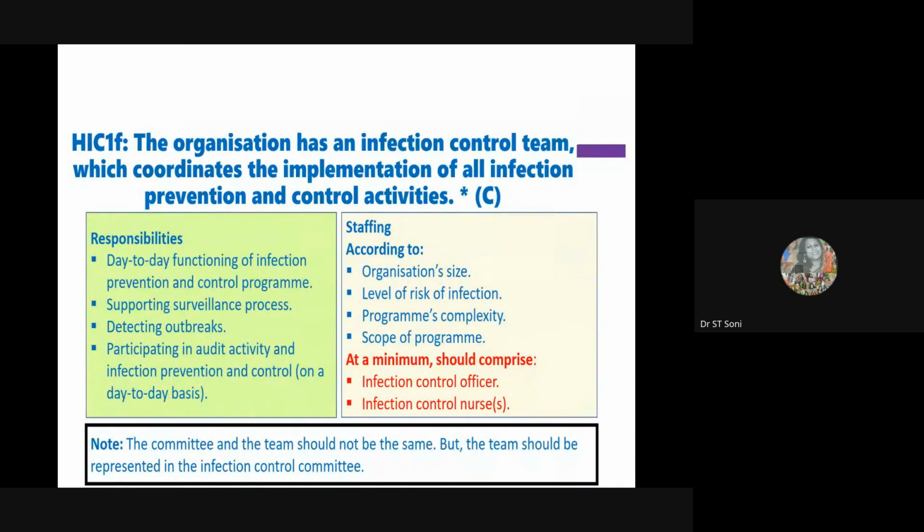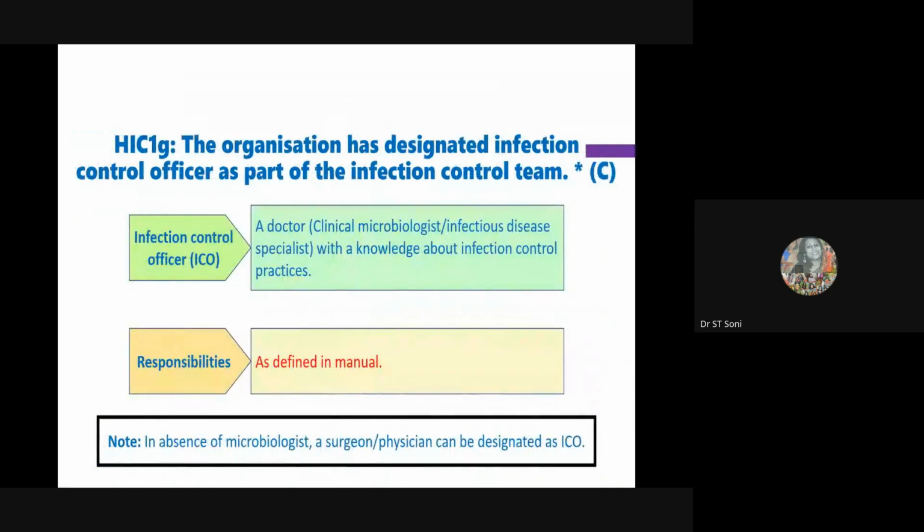Okay, so the minimum infection control team should comprise the infection control officer and nurse. But I would recommend that representation from the nursing department should be there. There should also be someone from the sanitary department or the housekeeping department, because these are the persons who are day in day out helping in implementation of the infection prevention and control program.